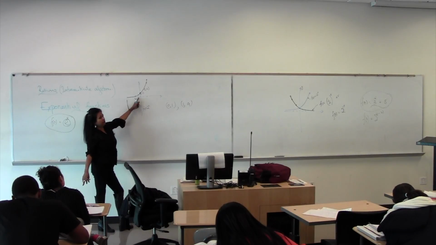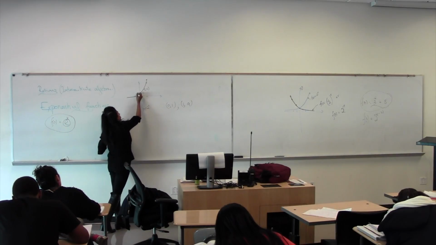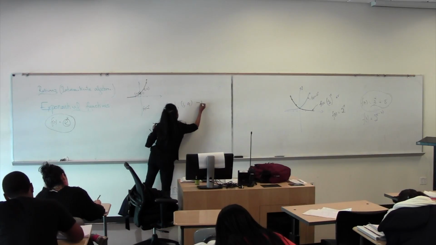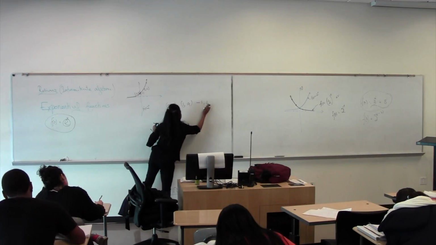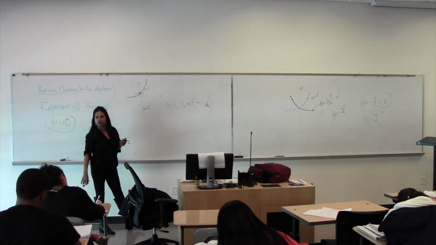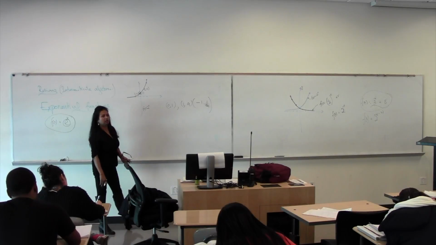Negative 1 and 1/2, which is negative 1 and 1 over a. A is 2, so this is negative 1 and 1 over a. So these 3 points: negative 1 and 1 over a, 0 and 1, and 1 and a. All the basic exponential functions are going through these 3 points. Are you following me?